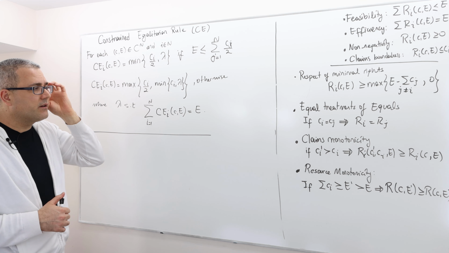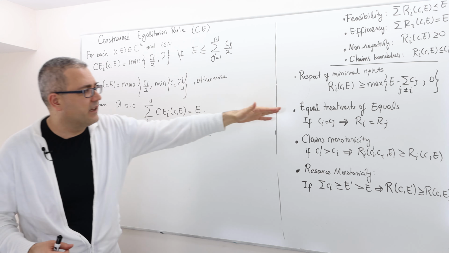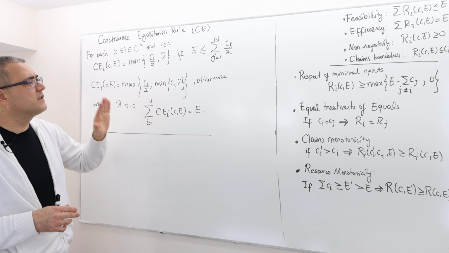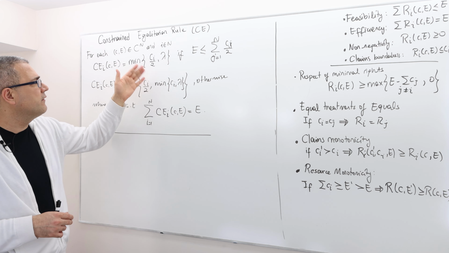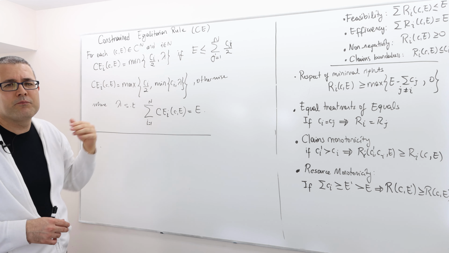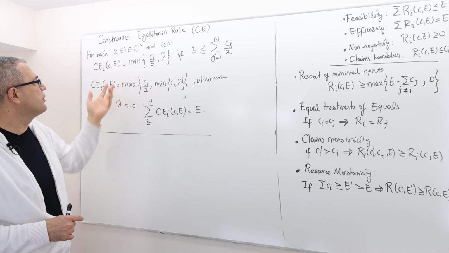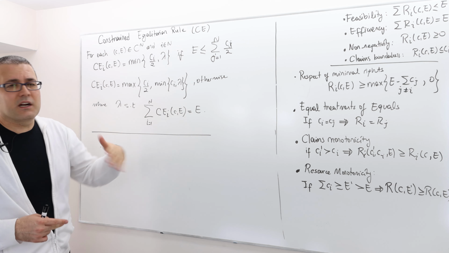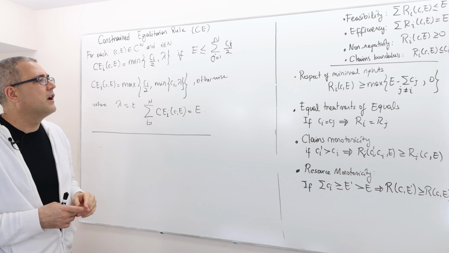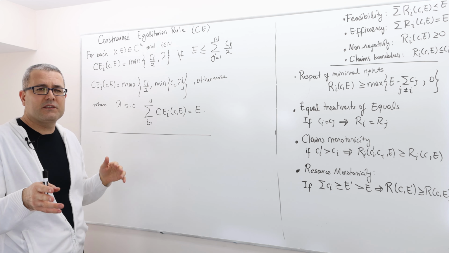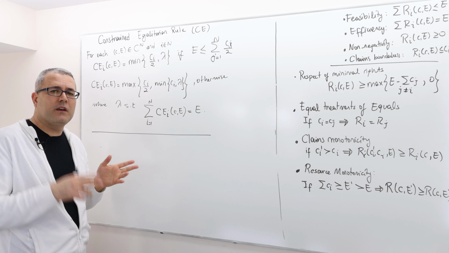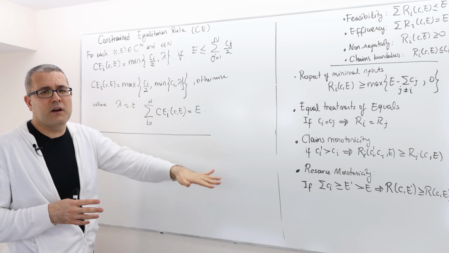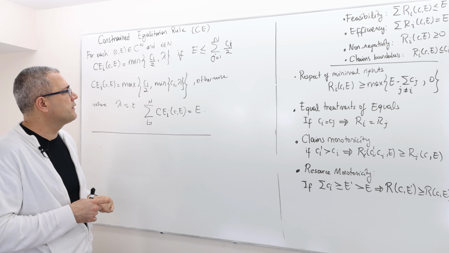What about the others? Well, the equal treatment of equals is pretty straightforward. Lambda is the same across players, and if two players have exactly the same claim, they should be rewarded equally. All right, and the others are, again, not so difficult. You can check them. I leave them as an exercise. I will go over some of them in the review session. But again, this rule satisfies all these properties.